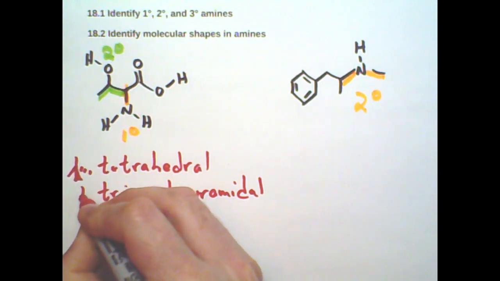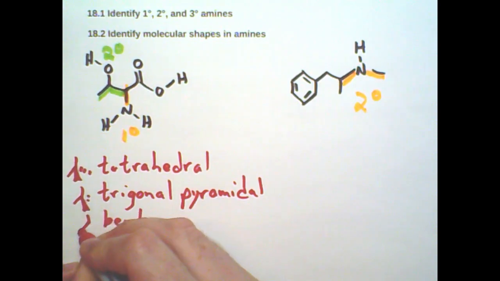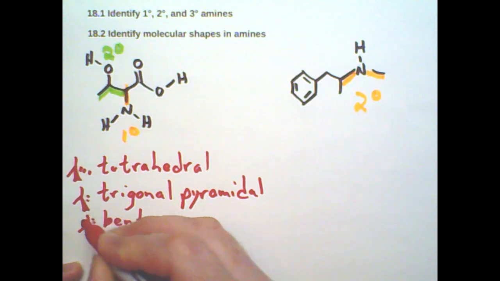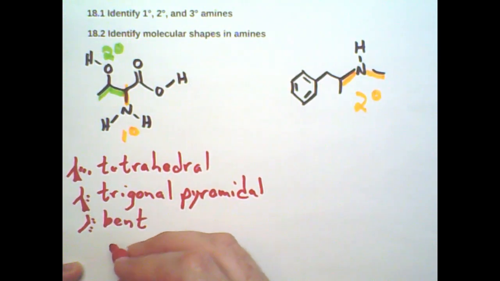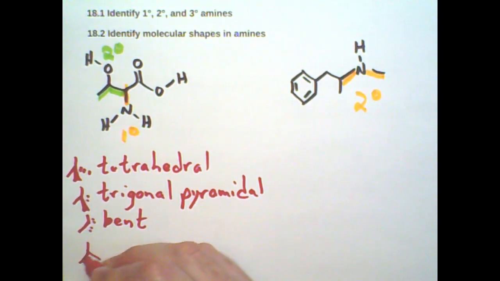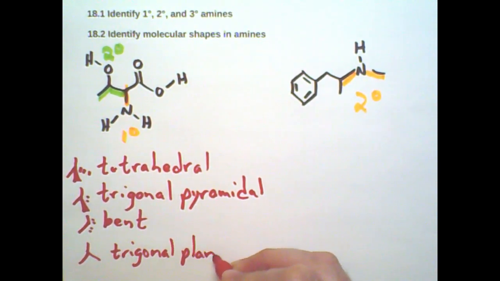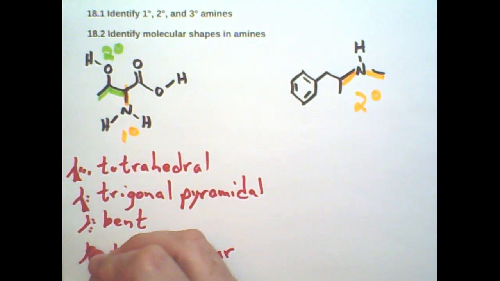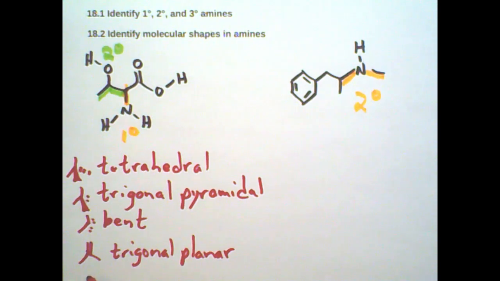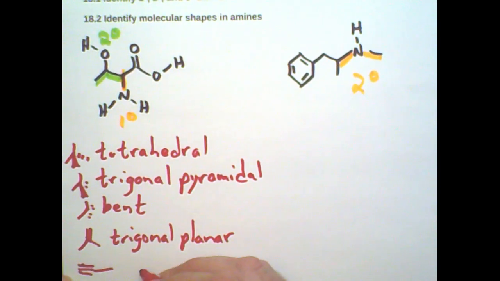When we add in lone pairs, and then we have trigonal planar, three things with no lone pairs, so we typically see that with a double bond, and linear, which we usually see with a triple bond.